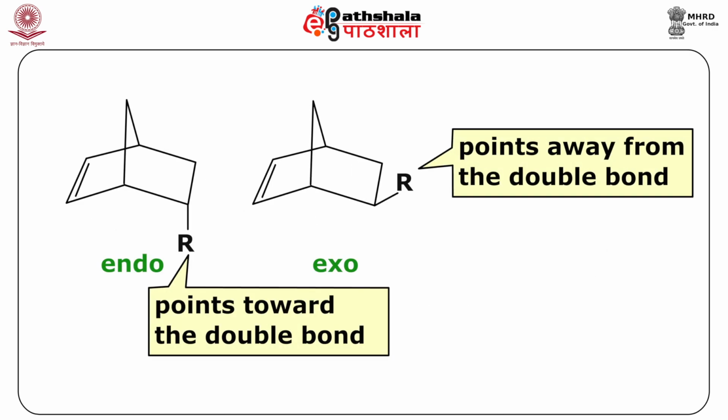There are two possible configurations for the bridged bicyclic compounds based on the position of the substituents. If the substituent R points towards the double bond, an endo configuration is possible, and if substituent R points away from the double bond, the exo configuration is expected, as depicted here in the given figure, the endo and the exo.